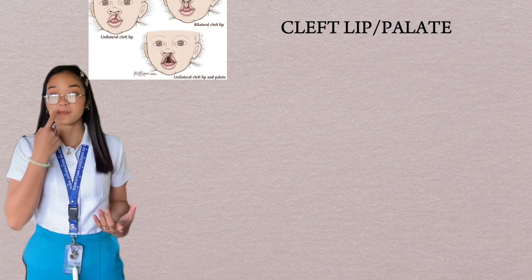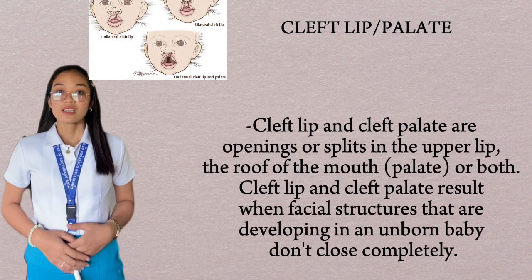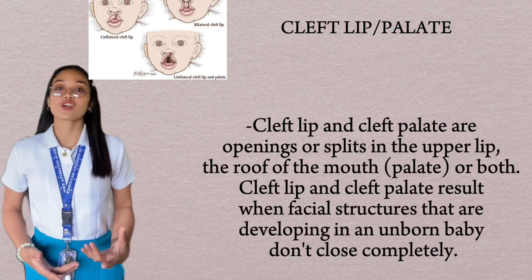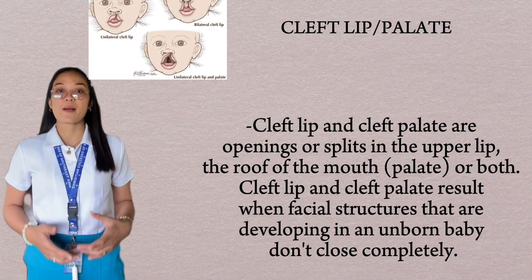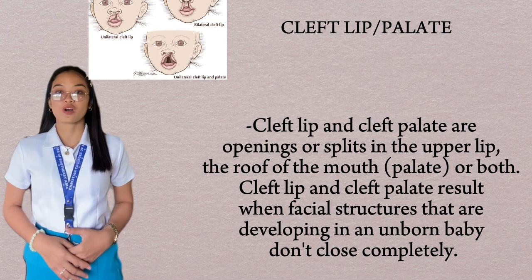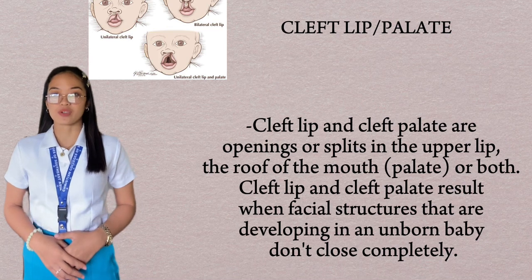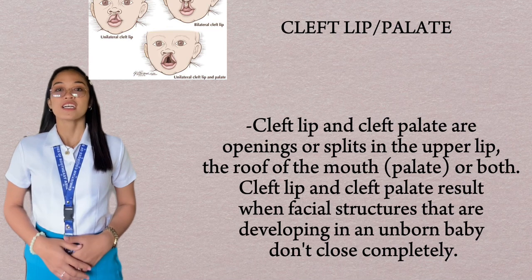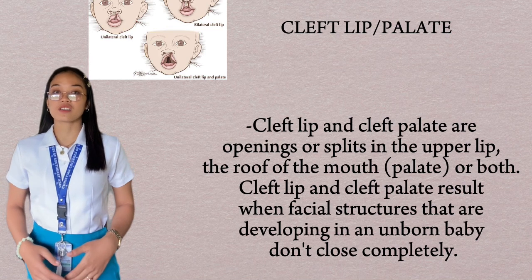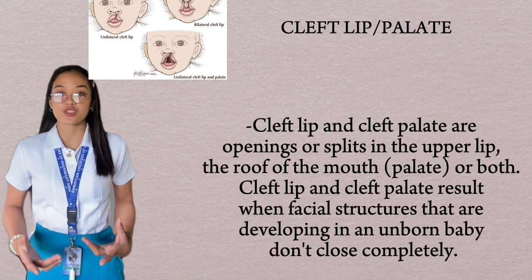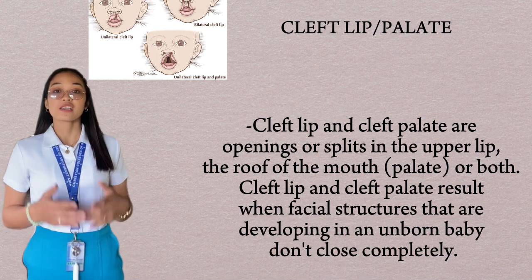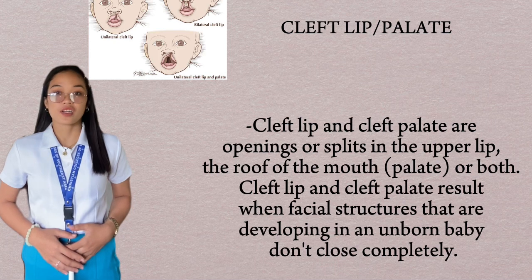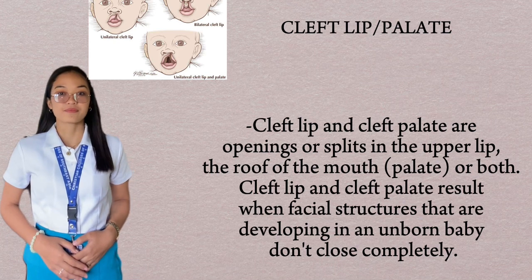The next one is the cleft lip or palate. Cleft lip and cleft palate are openings or splits in the upper lip or the roof of the mouth, or both. They result when the facial structures that are developing in an unborn baby do not close completely.